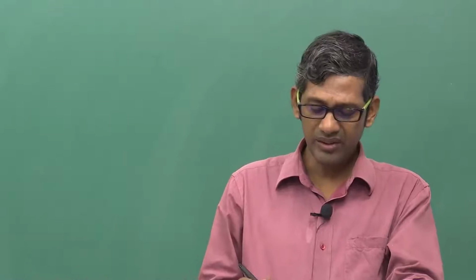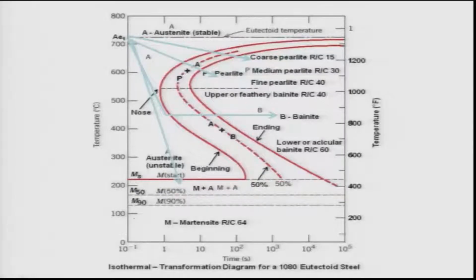As you see, there are three lines here: MS, that is the martensite start; M50, where 50% martensite forms; and M90, where 90% martensite forms. Remember, martensitic formation leads to a lot of strain in the matrix, elastic strain and plastic strain, and this leads to an increase of the energy of the system.